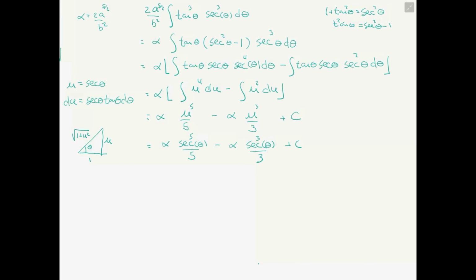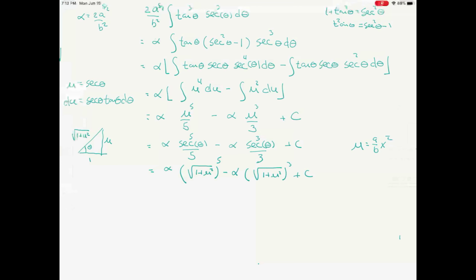I should have used p. So I'm back here, secant. So this is alpha u, 1 plus u squared to the fifth minus alpha u, 1 plus u squared to the third plus c. And we said that u equals a b x squared.